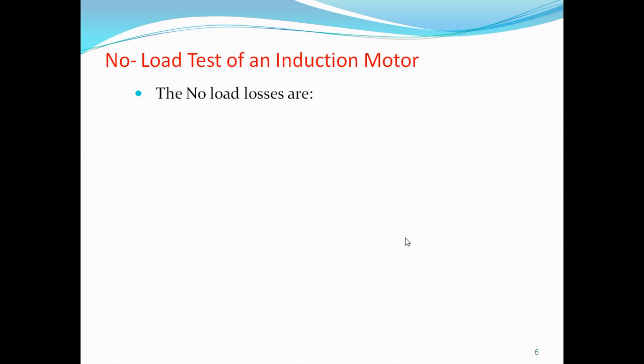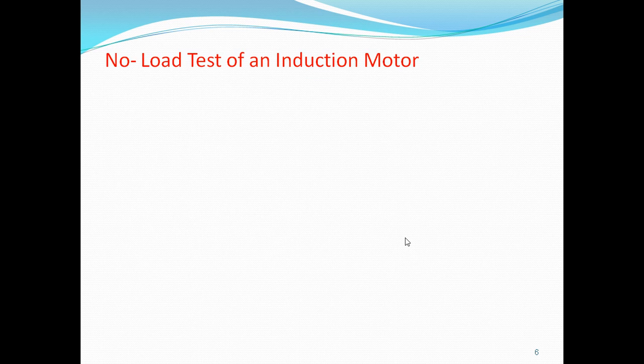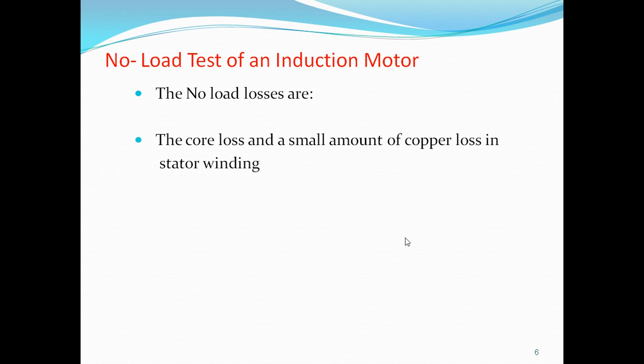So in this case, what can we calculate? We can calculate no load losses, no load power factor, no load resistance R naught, and no load reactance X naught. From this no load test, what are the no load losses? That is core losses and small amount of copper loss in the stator.